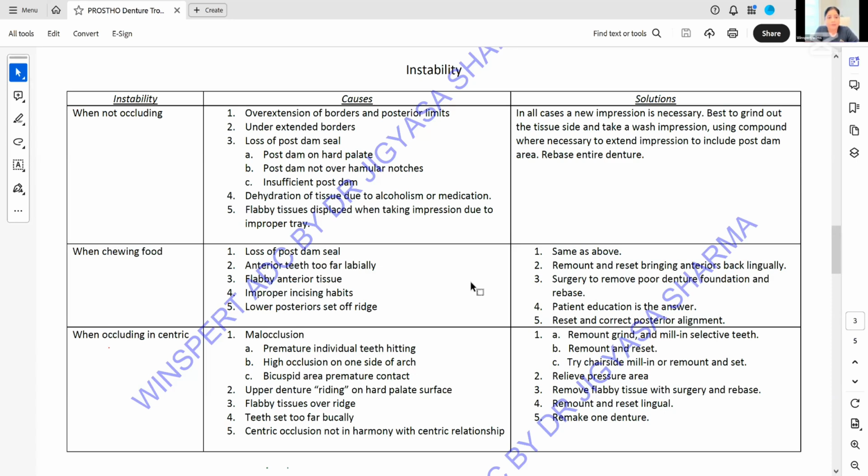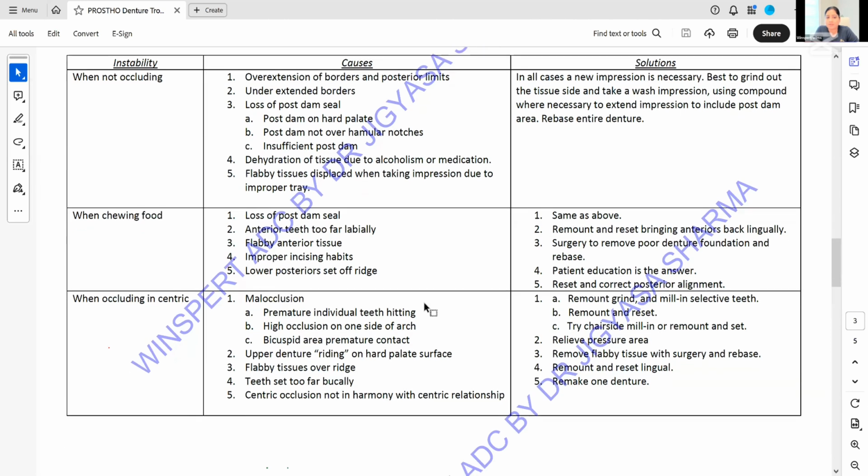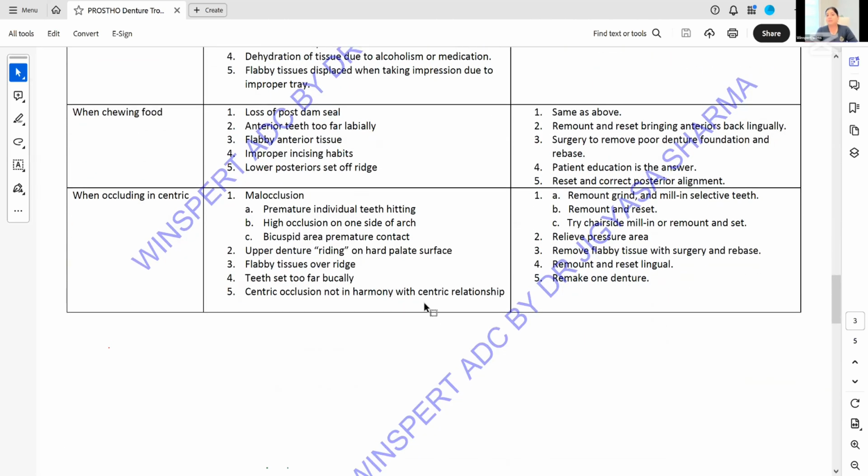Now, coming to when the denture gets loose when chewing food. The most important cause, which is not here in this article, is the lateral excursion, lack of bilaterally balanced occlusion during lateral excursions. Not mentioned here, but the predominant cause of looseness during function is lack of bilaterally balanced occlusion, especially when the patient chews food on one side and the denture rocks on the midline.